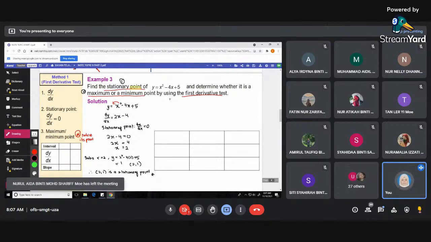We need to draw a table. In the first row, we write the interval. Second, we write dy/dx. And third, we write the slope. Now, this stationary point, we write in the middle.